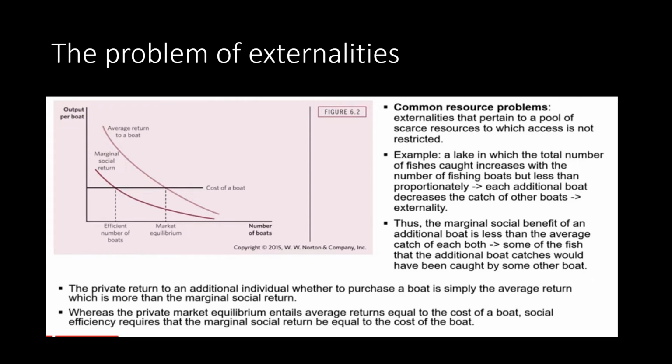The problem of externalities. This graph is showing the common resource problem. For example, take a lake in which the total number of fish caught increases with the number of fish boats, but less than proportionately.